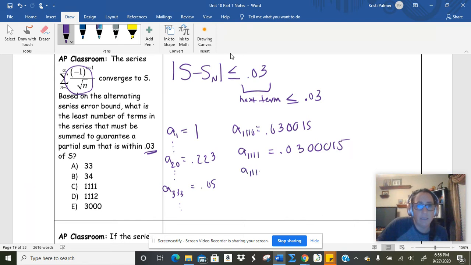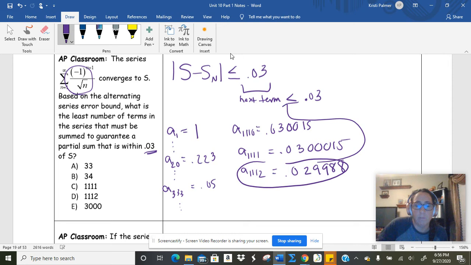And then when I plugged in this one, I got 0.029988. So that is finally smaller than this guy. So how many terms did I have to go to? I had to add up 1 to 1111, which is the number of terms I had to go to.